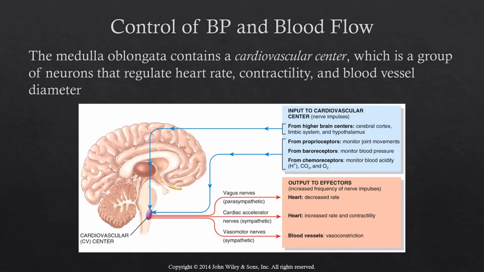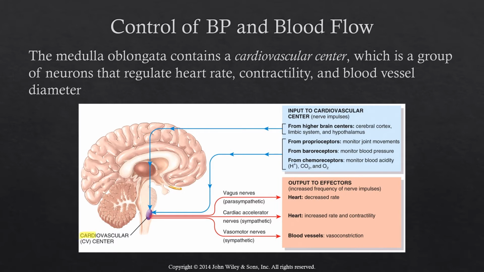So we've seen this diagram before, looking at the input to the cardiovascular center and then the output to effectors. So several of these interconnected feedback systems work to control blood pressure by adjusting the heart rate, the stroke volume, the systemic vascular resistance, and blood volume.